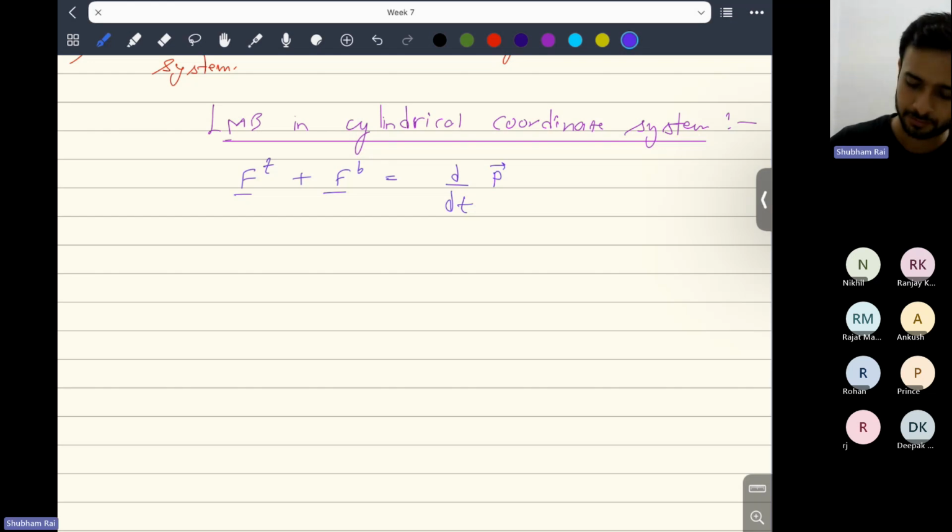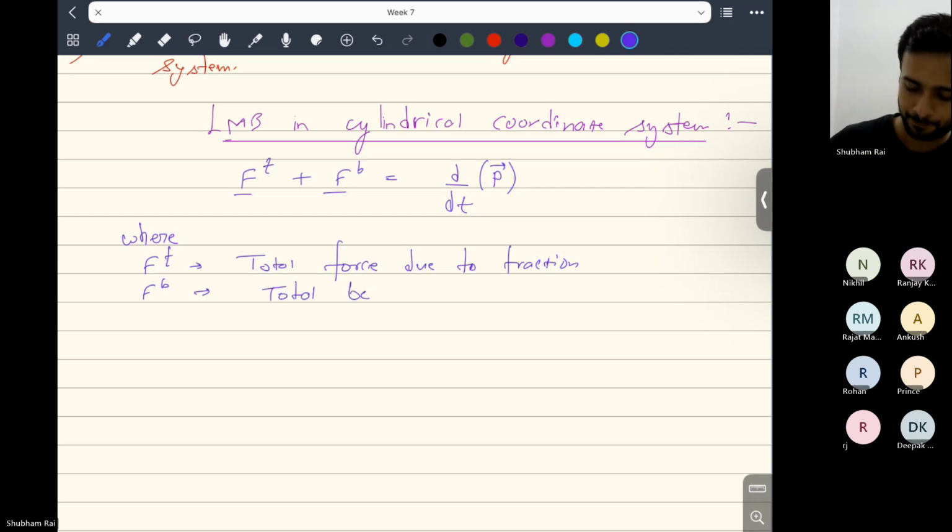Here Ft is total force due to traction, and Fv is total body force, and then you have rate of change of linear momentum, which is dp by dt.